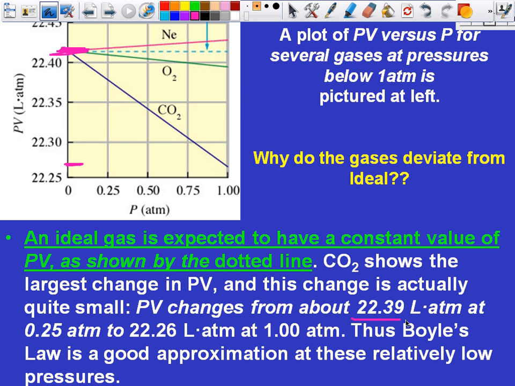The 22.39 is actually a typo, it's 22.41, going to about 22.26 over a large change. Oh, okay, I see what it says, from 0.25. So you're looking at about right here is what it's talking about. With that kind of change, it's only dropping that far. So Boyle's law is a good approximation at relatively low pressures, again, less than 1 atmosphere.